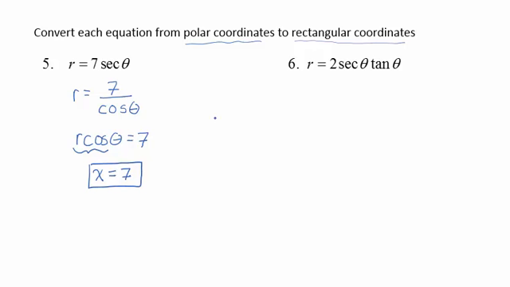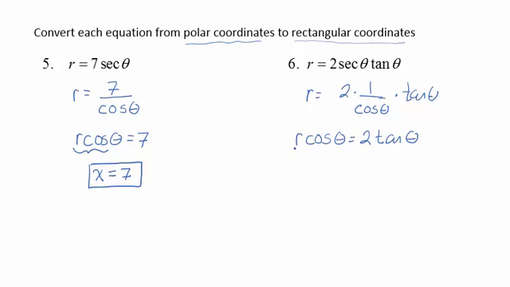Let's try one last one over here. r equals 2 secant theta tangent theta. And again, thinking of rewriting these in terms of sine and cosine, this could be r equals 2 times 1 over the cosine of theta times the tangent of theta. Multiply both sides of our equation by cosine, we would have r cosine of theta is 2 tangent of theta.